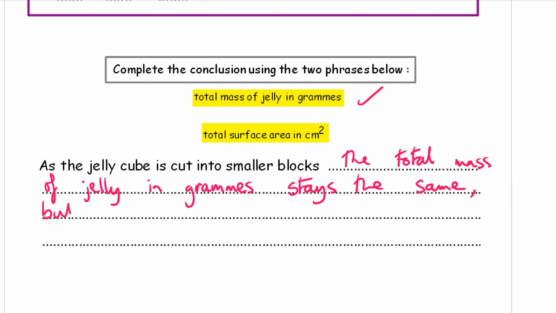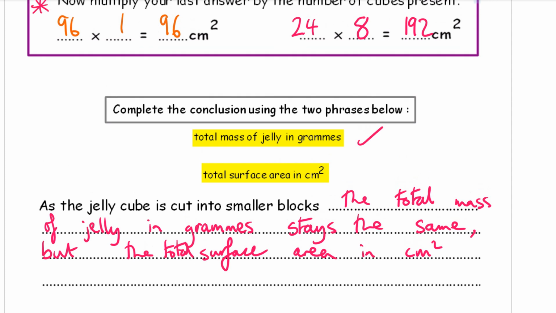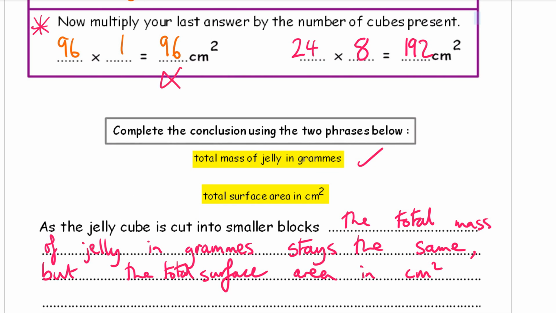But the surface area, the total surface area in centimeters squared, look now, it was 96, it's gone way up to 192. As you cut the jelly cube into smaller blocks, the surface area gets bigger and bigger and bigger.